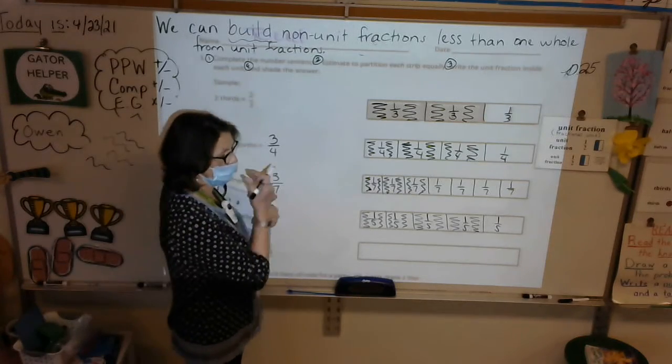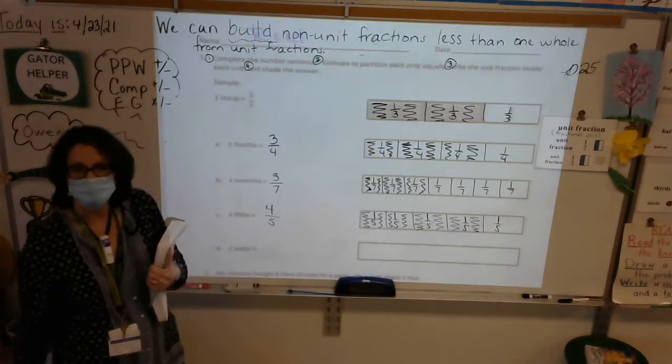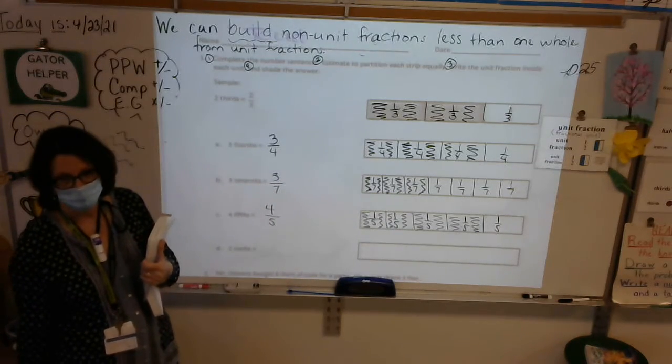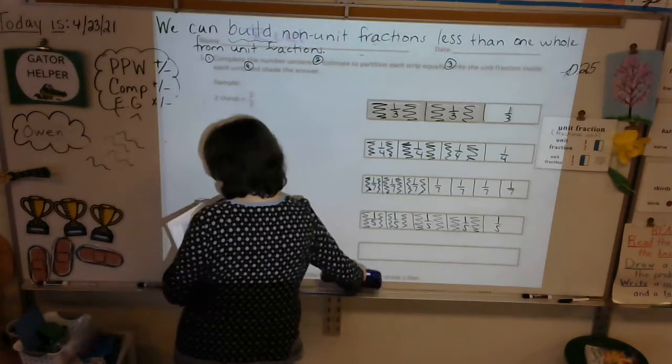Val, what part is not shaded? The part that's not shaded is 1/5. 1/5, very good. Because we only need 4/5 and not 5/5.